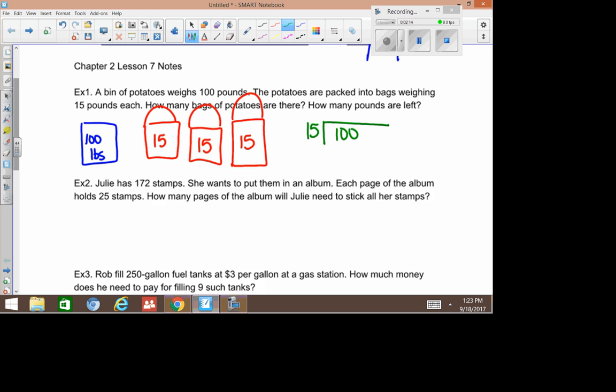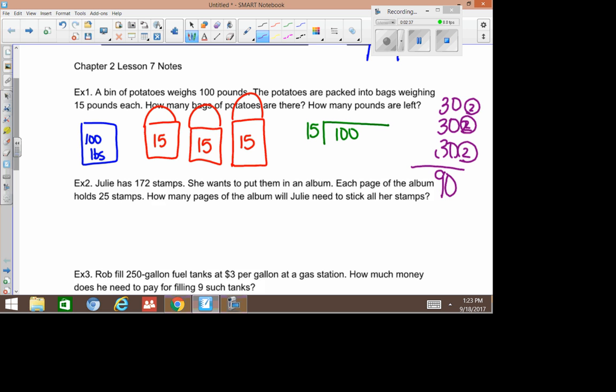Do you know how much 2 15s are? 30. 30, right. So, 2 15s are 30. What's another 30, right? So that's another 2. And then another 30. That's another 2. So 30, 60, 90.